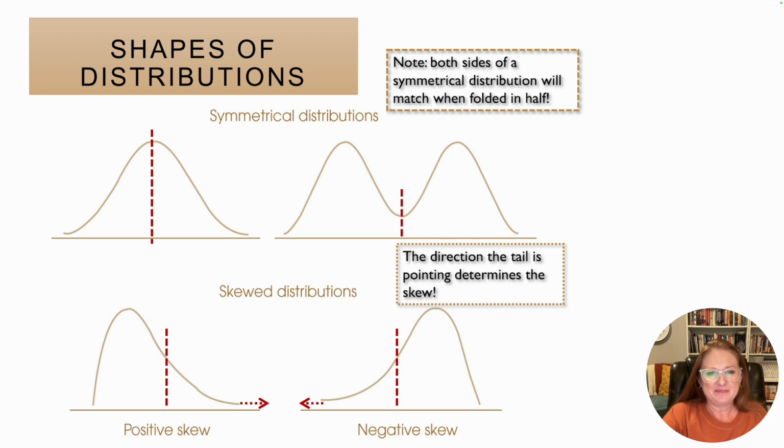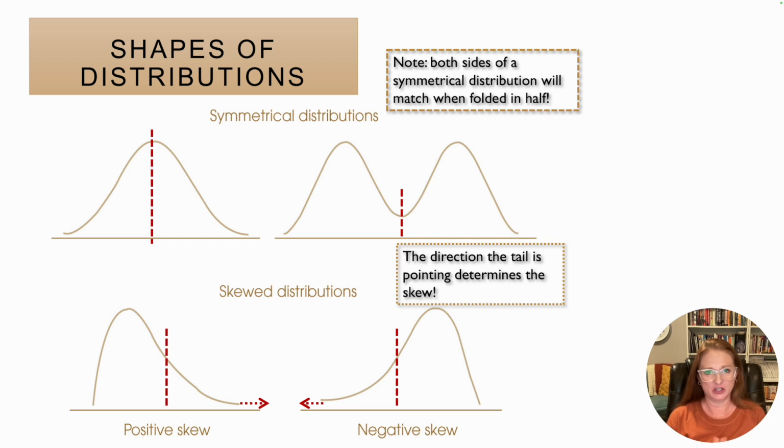It's going to sound silly, but if you act like it's an elephant, the elephant is big, the tail on the elephant is little. Which way is the tail facing or wagging? That will tell you if it's positively skewed or negatively skewed. So if you place the elephant on the number line, which way is the elephant's tail wagging?